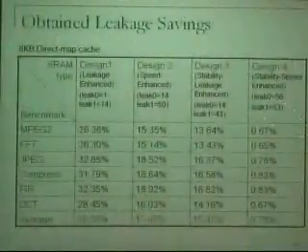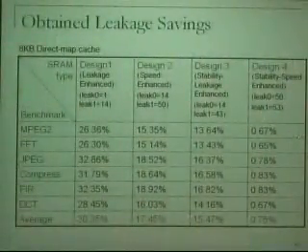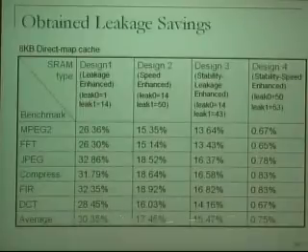Or is it possible that design 4 is actually much better because the power usage in design 4 is lower? Here it is clear, I think, because leakage 0 and leakage 1 are much lower than this. So in terms of leakage saving, it is higher than this, and also in terms of absolute leakage, it is much lower than this.